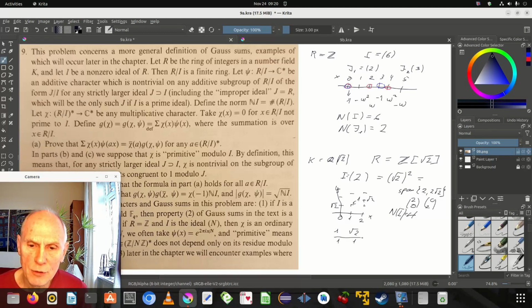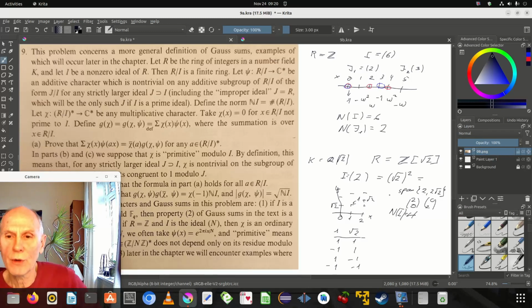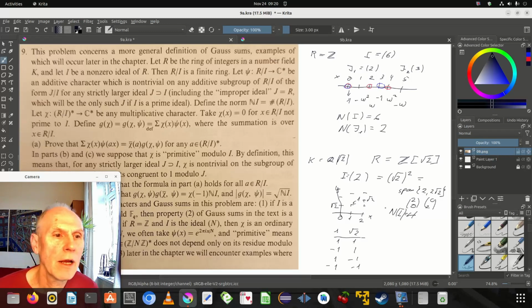When they both map to unity, that's trivial. Now we have only one ideal larger than R, and that's the ideal generated by square root 2.